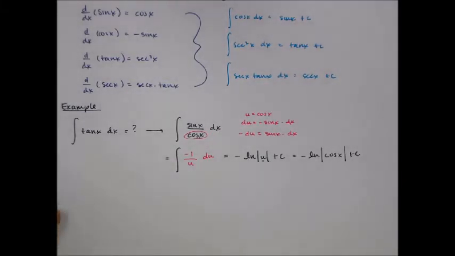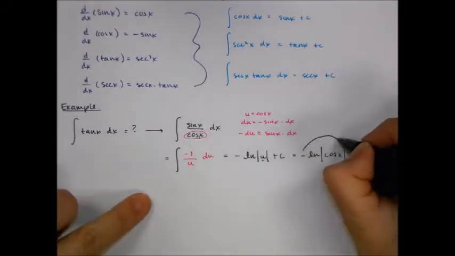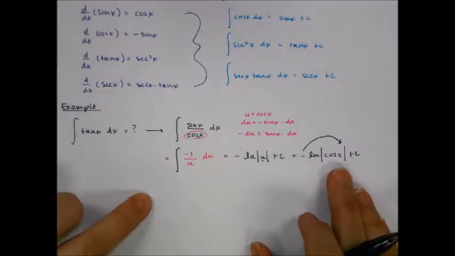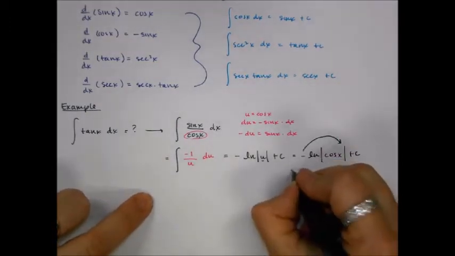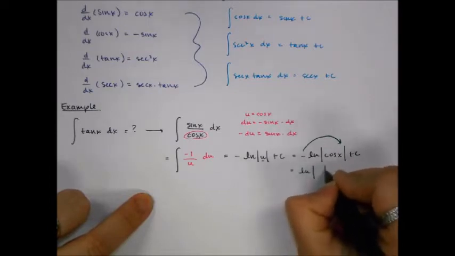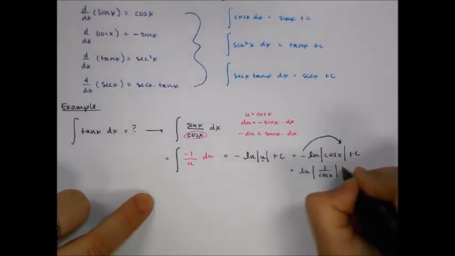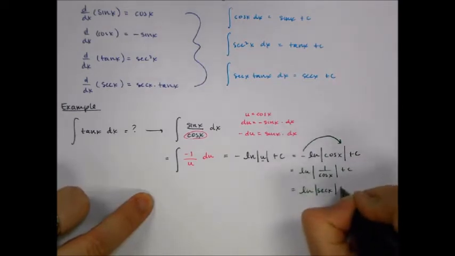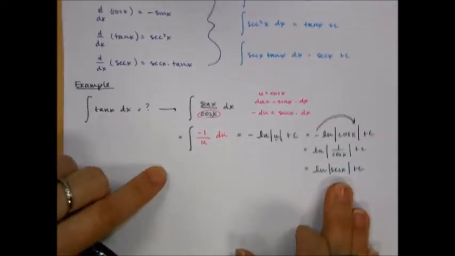We're going to replace that negative coefficient as the exponent. So cosine to the power negative 1 becomes 1 over cosine. And 1 over cosine is secant. So there we have the formula that we'll want to use.